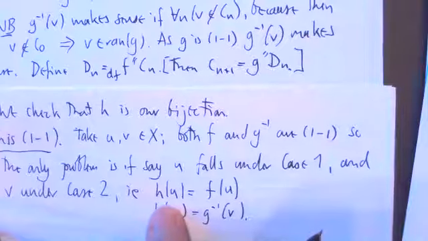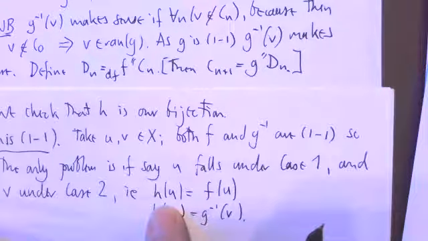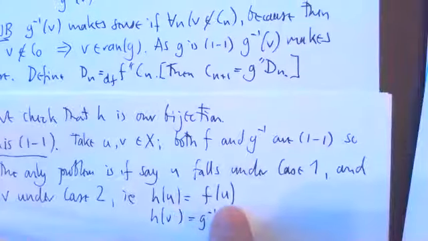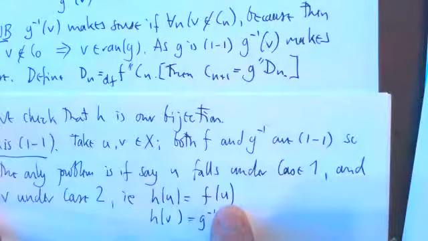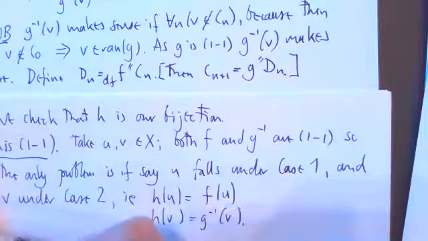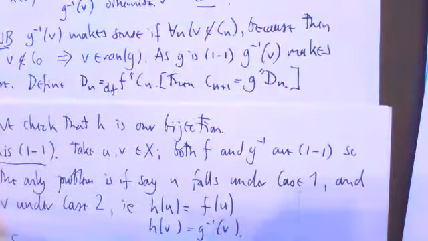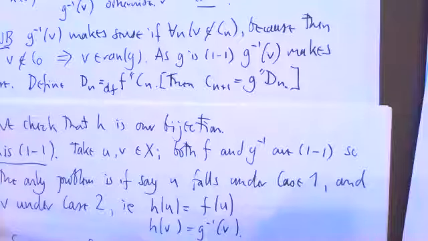But then notice what happens. If that's the case, h of u is f of u. So f of u is going to be in one of the d's, because u falls under case 1, u is a member of Cm, say.